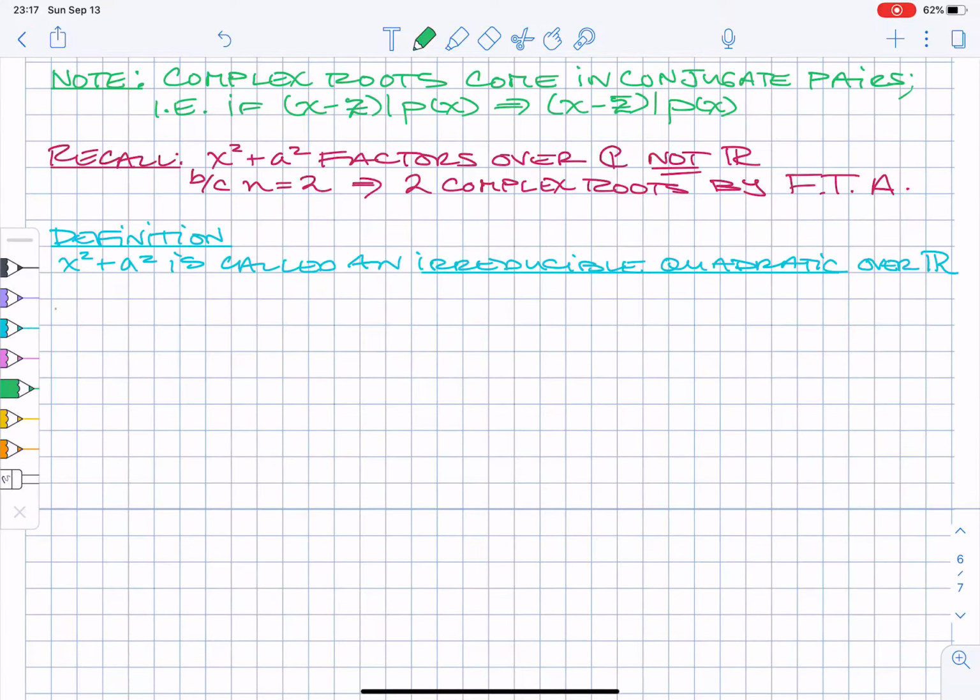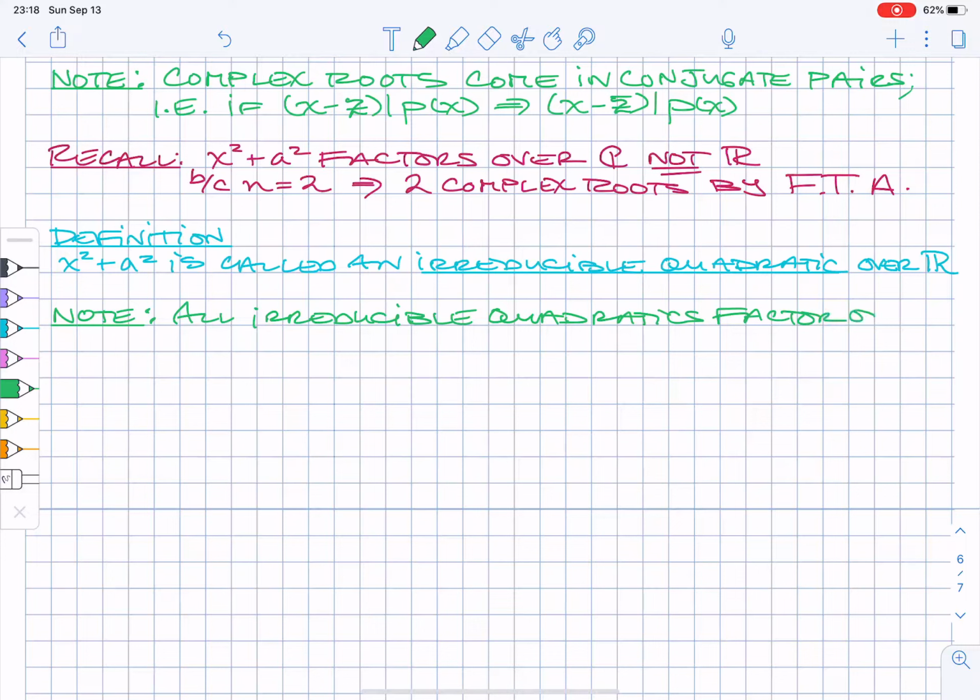So let's note all irreducible quadratics factor over c, meaning everything can be factored over the complex numbers.